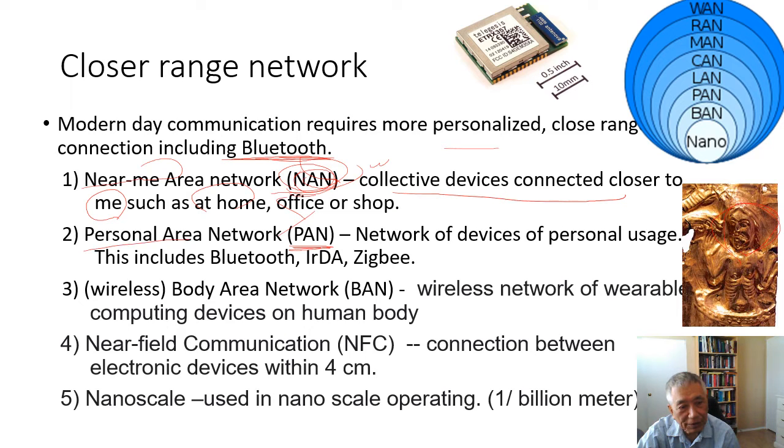Then the personal area network, the PAN. It is for personal usage. It's only me, just me using. For example, you can tell me where Bluetooth is used. That's your wireless MP3 player, when you are listening to music without bothering others.